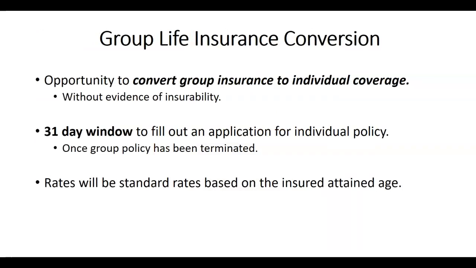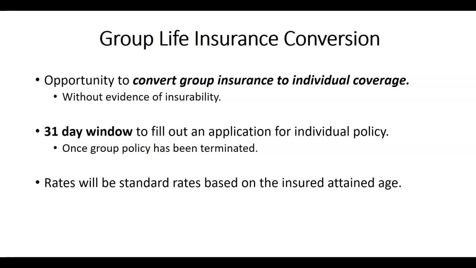So with group life insurance, when it comes to converting, you do get that opportunity. That comes with group life insurance. I think they expect people to go to an individual policy. Similar to term life insurance that we talked about in the other video, it's the same concept with group life insurance.